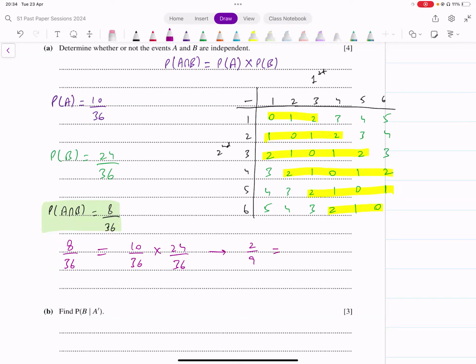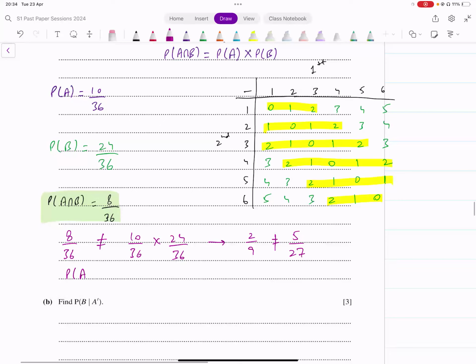On the other side, we've got 10 over 36 into 24 over 36, and that's giving me 5 over 27. So that means they're not equal. Since they're not equal, we say probability of A intersection B is not equal to probability of A multiplied by probability of B.